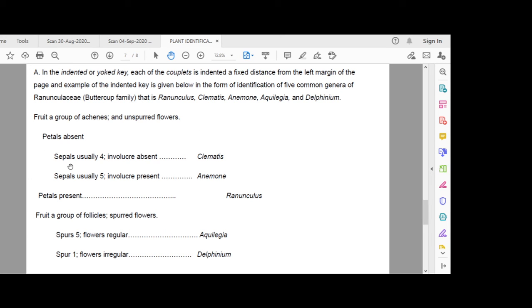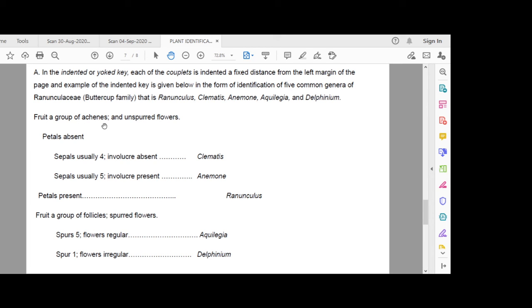Now, the next lead is sepals. Sepals usually 4, involucre absent, Clematis. Sepals usually 5, involucre present, Anemone. This is one lead of the couplet. Now, when petals present, the genus is Ranunculus. So, what are the characters of Ranunculus?